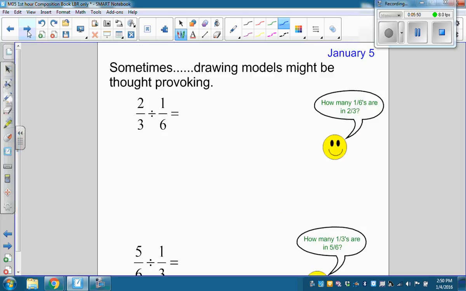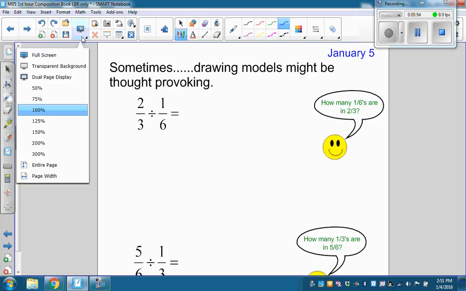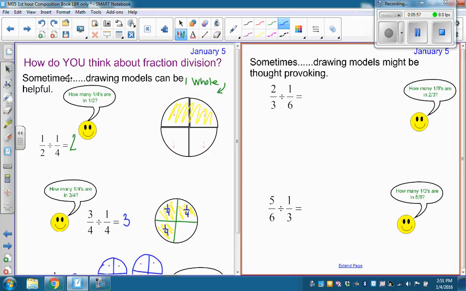What happens when you have different denominators? Sometimes, like on the left side here, it's not very hard to draw a picture for that. Sometimes it's a little trickier. This one here can be a little trickier. And this is how you might try it. Try a rectangle.